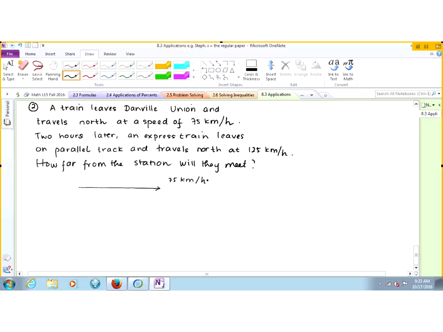It leaves when? 2 hours later. So the time is different, right? But what is the speed? Yes, 125 kilometers per hour. So they live on parallel tracks, so at one point they will meet, right? And the question is, what is the distance where they meet? Does that make sense? Okay.